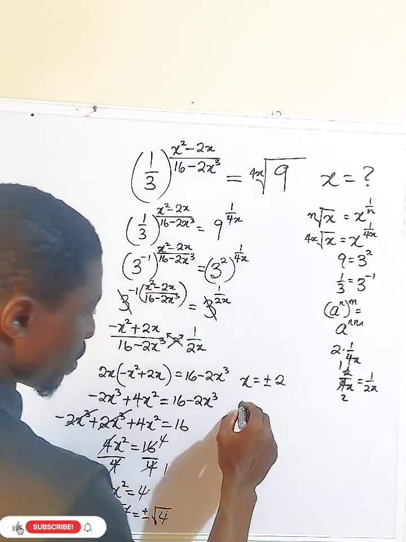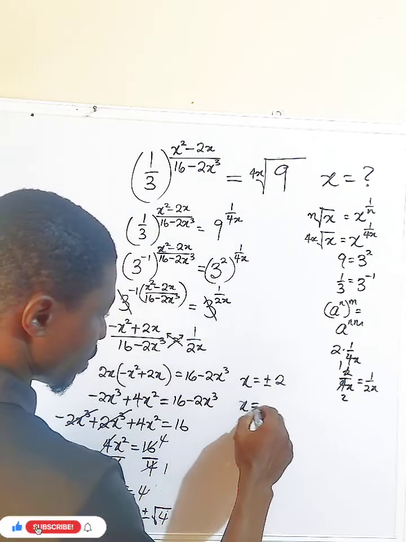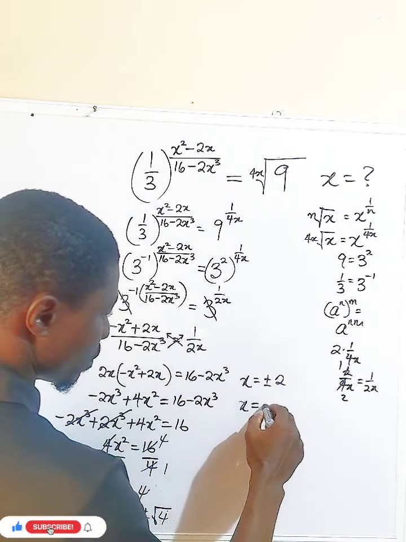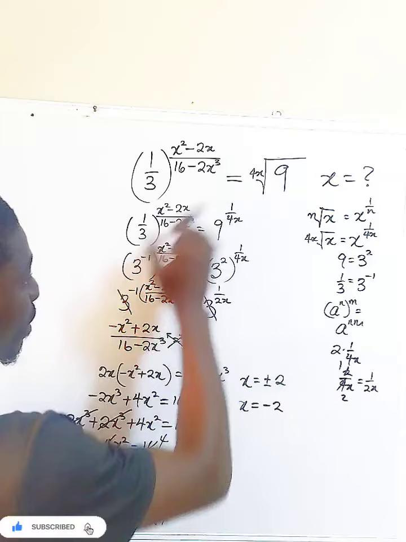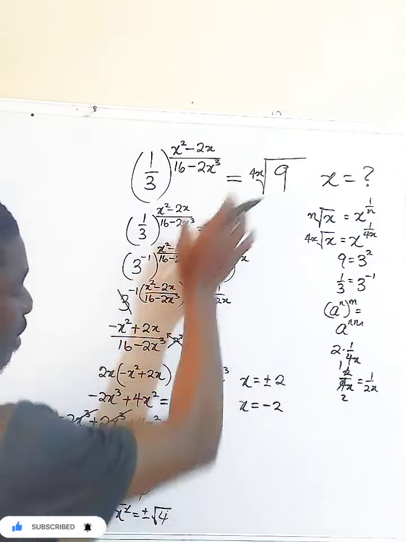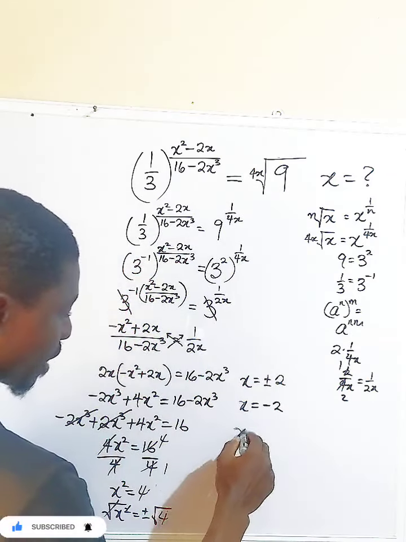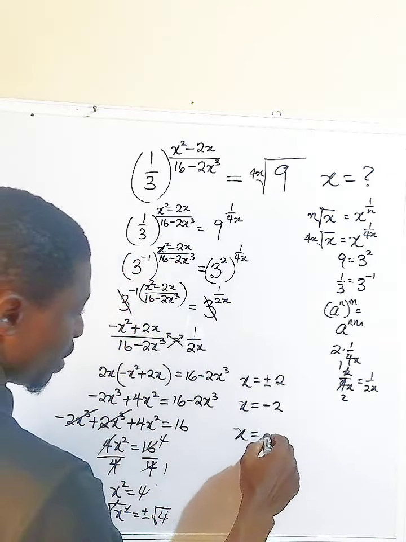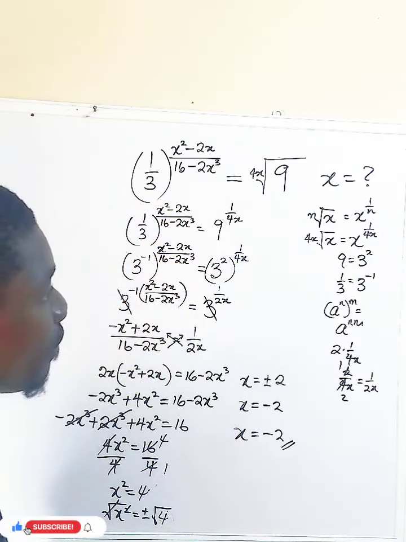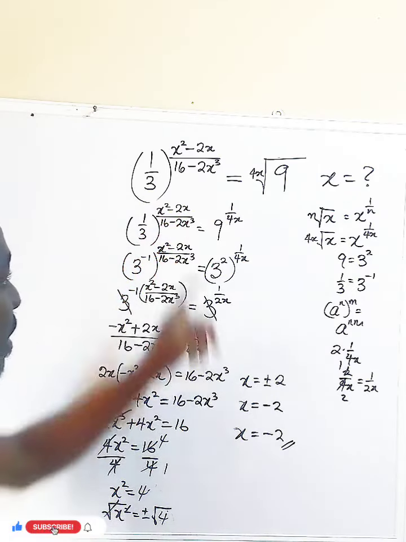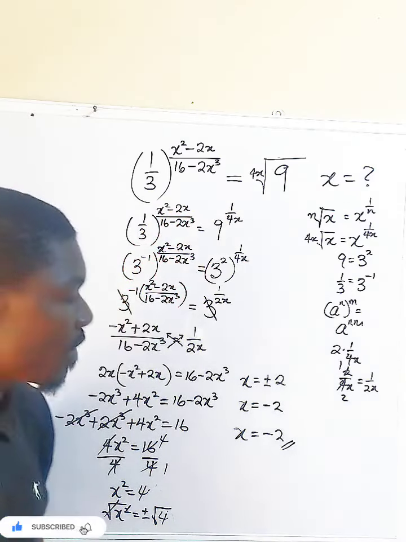But when I plug x equals negative 2, I get a solution. So x is actually negative 2. So negative 2 is actually the right value for x that makes this equation valid.